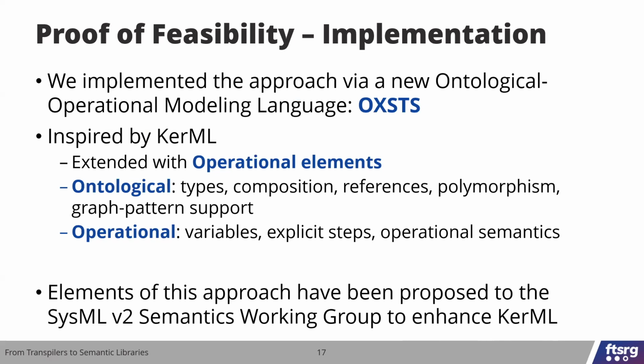It's not really interesting at this point. What is interesting is that we implemented it to make a point, to prove that it is possible to use this approach in ontological languages.